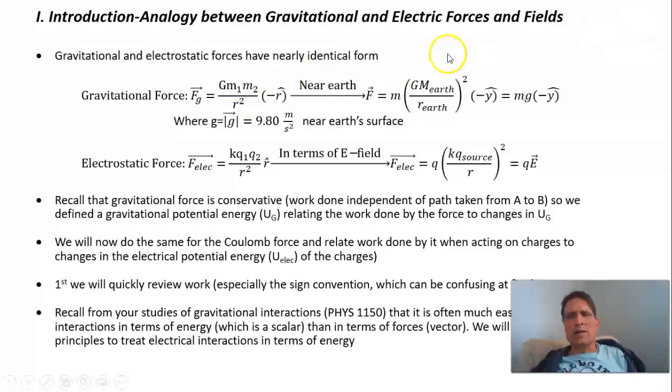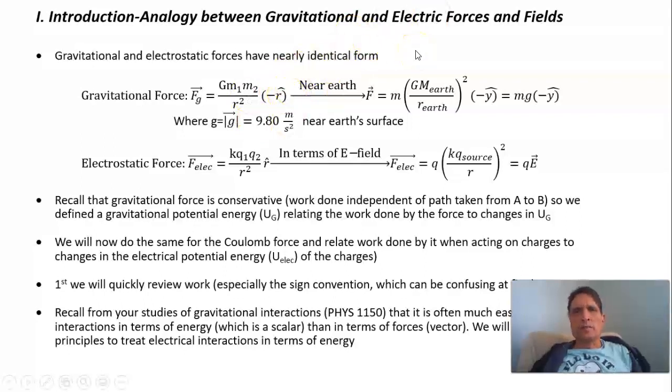And you can describe that force in terms of Newton's universal law of gravitation, which relates the force exerted, equal and opposite, between two bodies, mass 1 and mass 2, to the distance between them and along a radial line between the two bodies. In other words, the force is always attractive, okay?